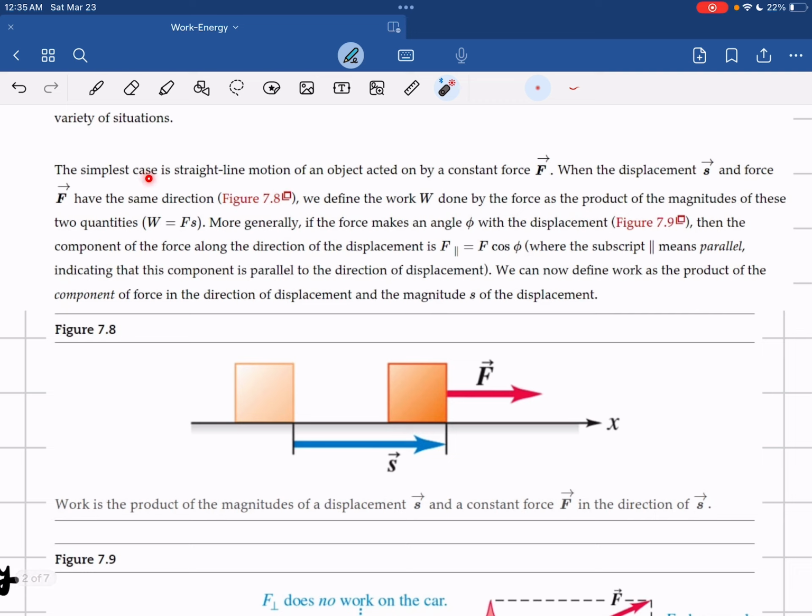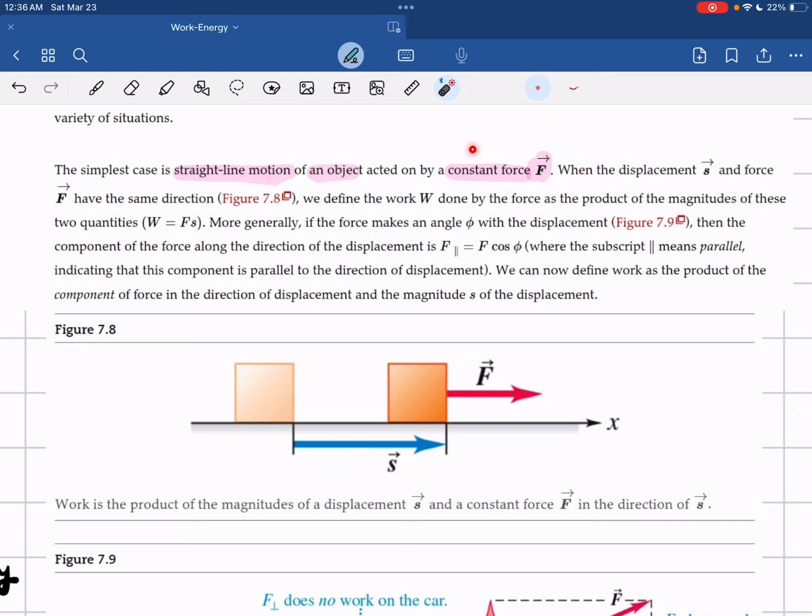The simplest case is straight line motion of an object acted on by a constant force F. So in this case, force F is constant, and we have an object in straight line motion. Straight line motion means a motion on a straight line.